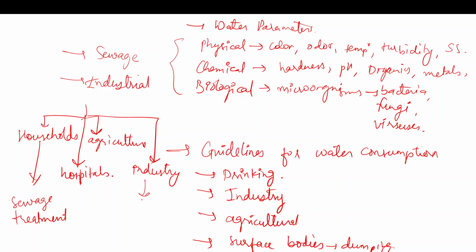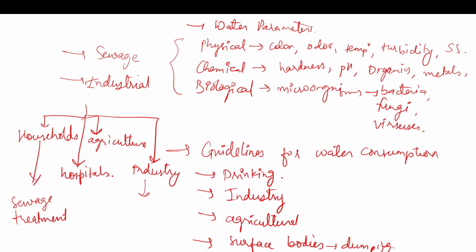Industries usually have way higher concentrations of pollutants as compared to households, and that is where we require treatment of the water generated, which is not good in quality. Even if that water might not contain anything harmful, sometimes it can be aesthetically not pleasing.